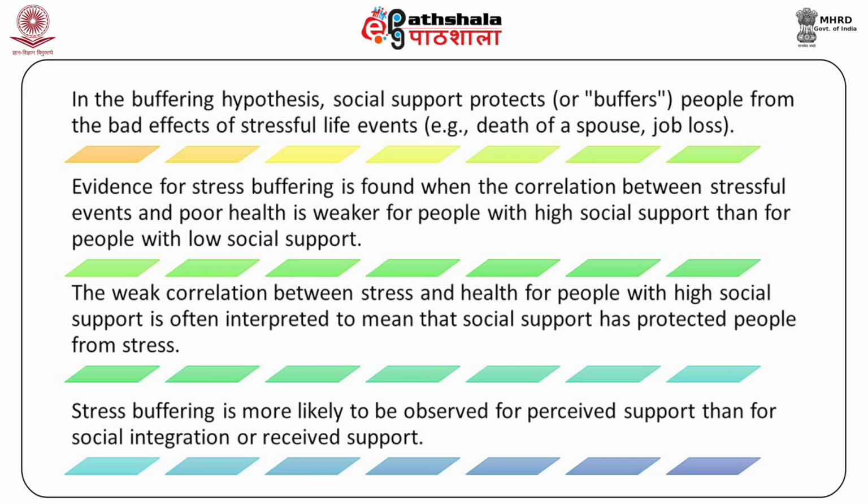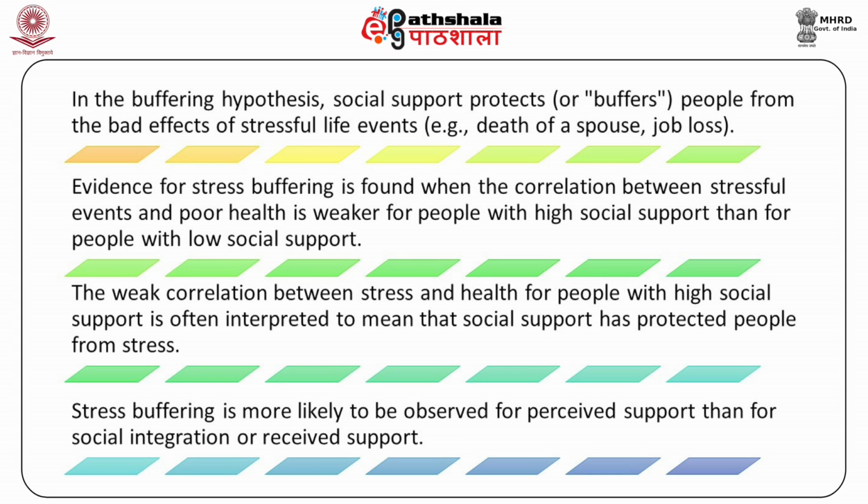In the buffering hypothesis, social support protects, or let's use the word buffers, people from the bad effects of stressful life events, for example, death of a spouse or loss of a job. Evidence for stress buffering is found when the correlation between stressful events and poor health is weaker for people with high social support than for people with low social support.